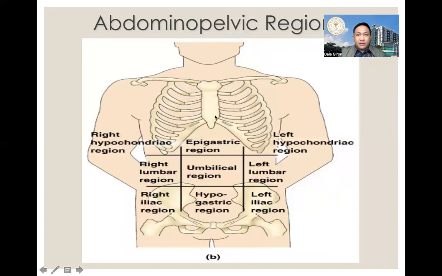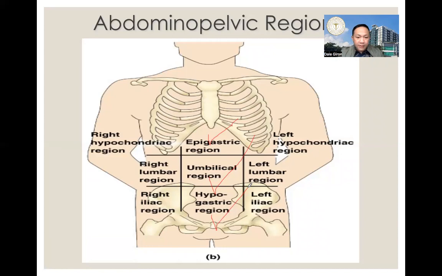Okay, after the 4 quadrants, you have 9 abdominopelvic regions. In this area, you divide the abdomen and the pelvic area into 9 regions. So, dito muna tayo sa gitna. This is the epigastric region, the umbilical region, kung saan yung umbilicus, and the hypogastric region. This is, in Tagalog, yung puson.